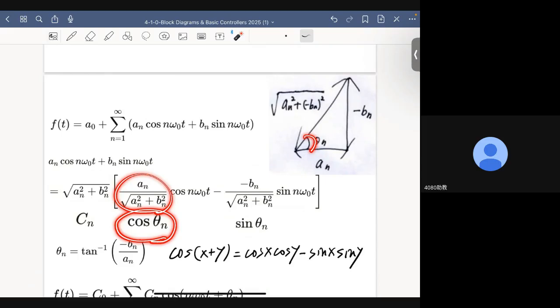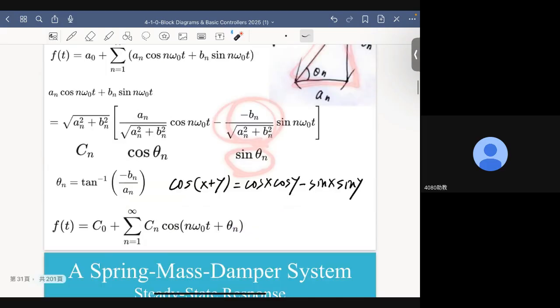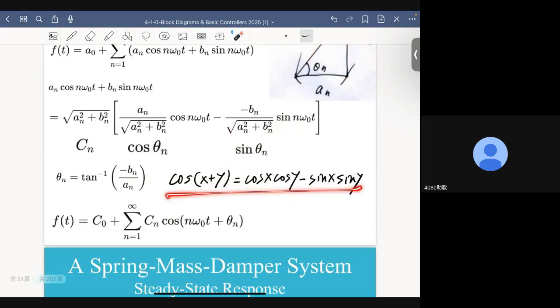And similarly, for this part, from this right triangle, this is essentially sine theta. And then we use this equality, which I think you learned in junior high school.